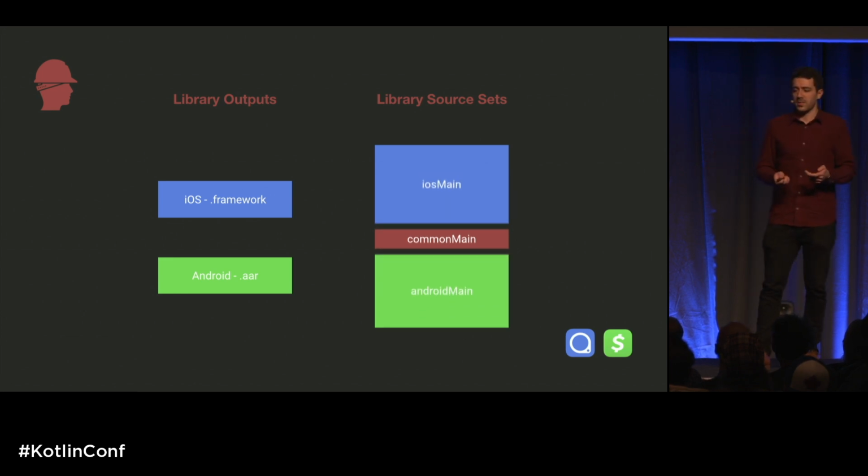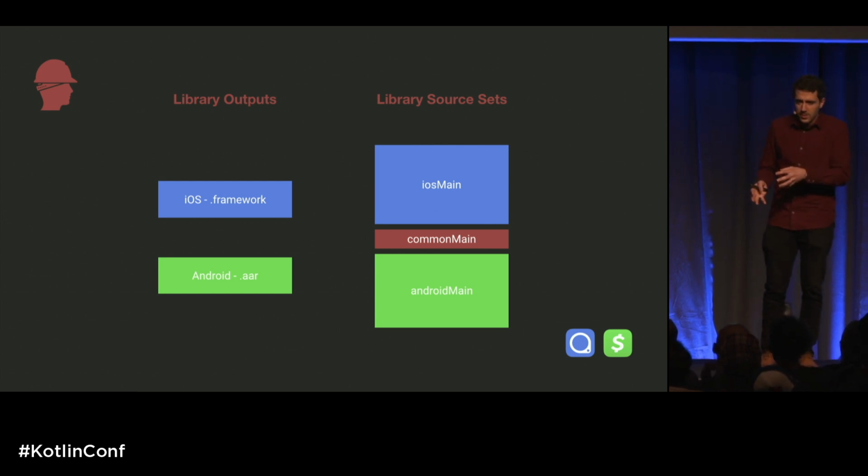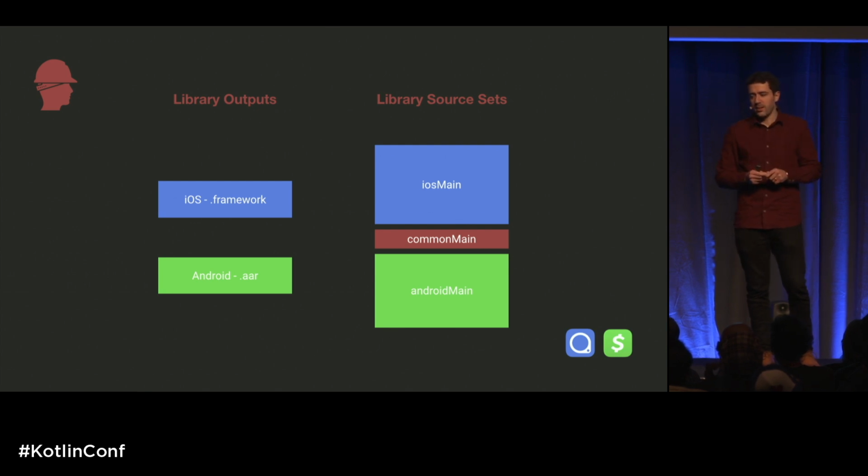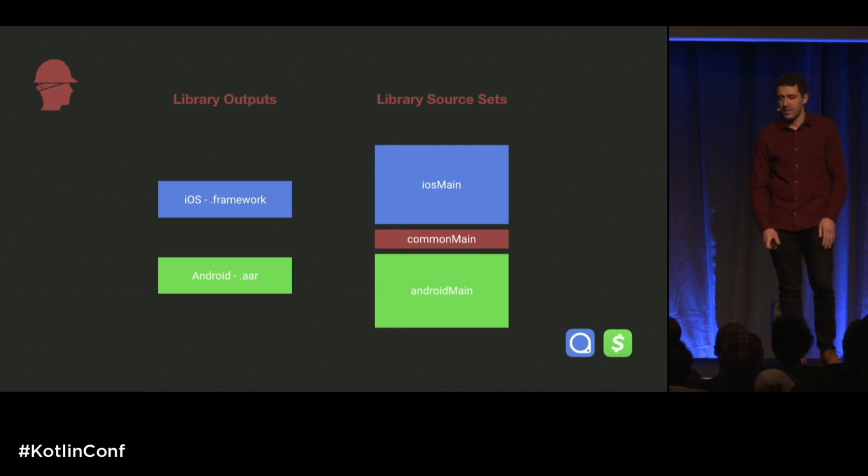Because we really want to avoid a situation where we end up with a library like this, where we have really big iOS and Android main source sets and really small common main. Now we're basically back to where we were before multi-platform, and we're maintaining two platform-specific code bases, right?